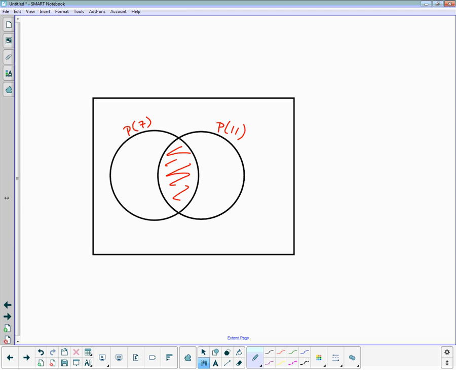Can you roll a 7 and an 11 simultaneously? No, because you only have 2 dice. So that intersection, this is called the intersection, would be 7 intersect 11. The probability of both things happening is 0. So this Venn diagram doesn't fly.